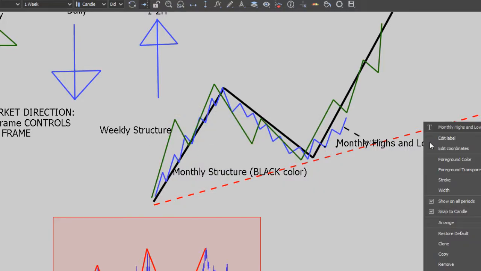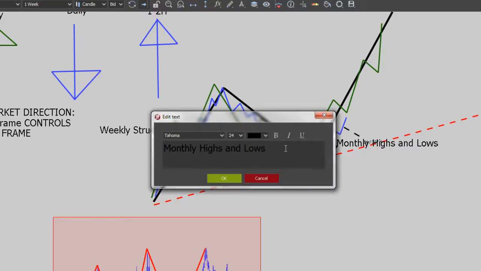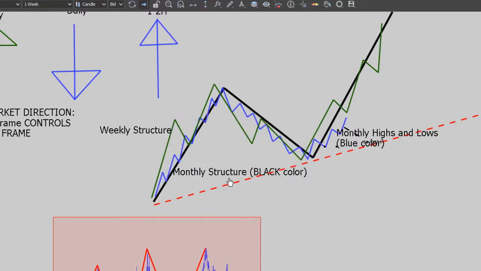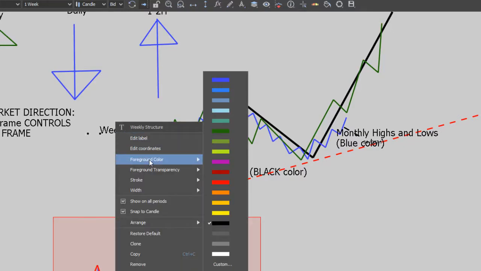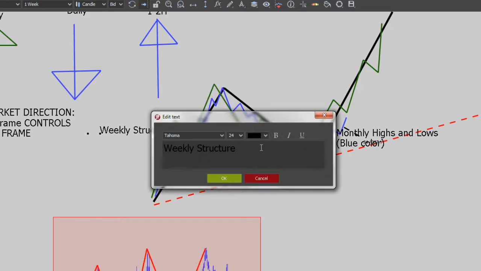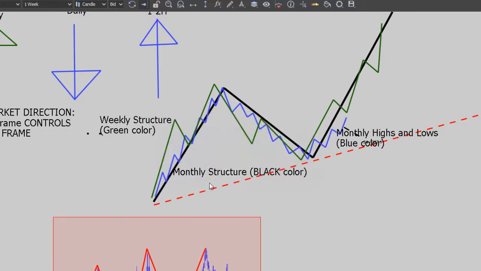Sorry, monthly highs and lows, blue color. Okay, the blue color represents the monthly highs and lows. Weekly structure is the green. Okay, green color.